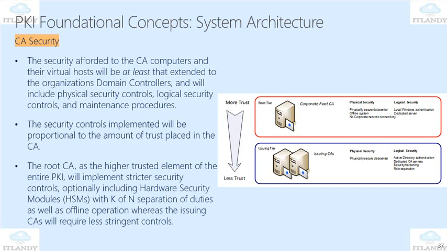The root CA, as the highest trusted element of the entire PKI, will implement stricter security controls, optionally including a hardware security module, HSM, with K of N separation of duty, as well as offline operation, whereas the issuing CA will require less stringent controls in place.